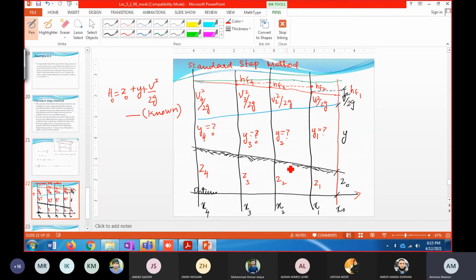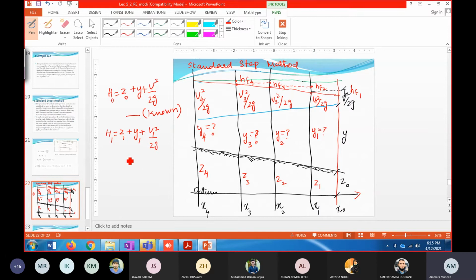So you can calculate it using the equation. Okay, to get the energy at section 1, what would be the equation? If I need to find out H1, it would be Z1 plus Y1 plus V1 square over 2G. Isn't it? So this is the total energy at this section.